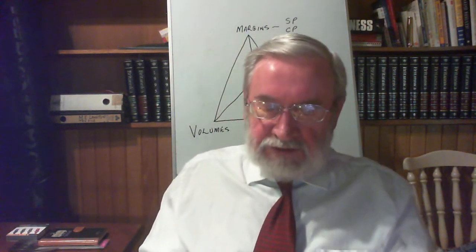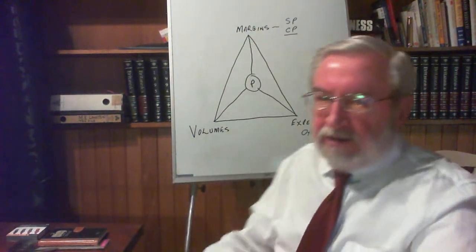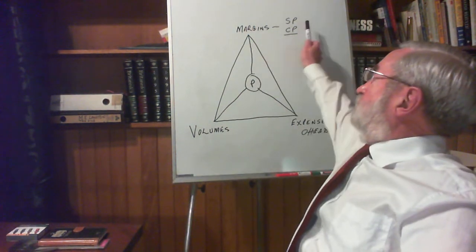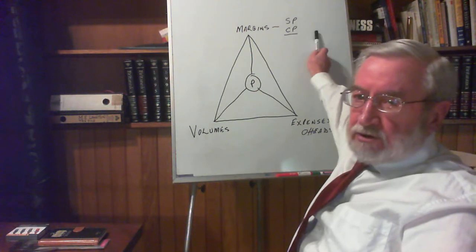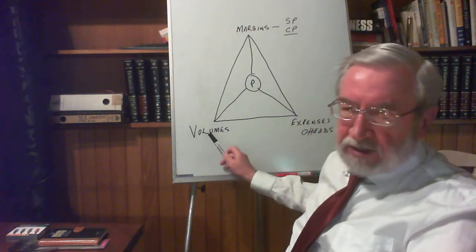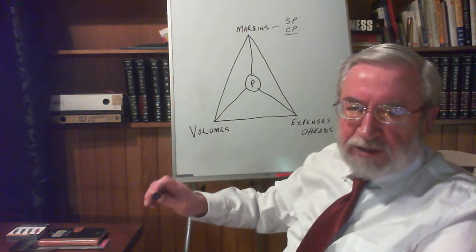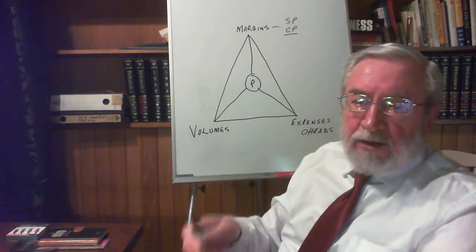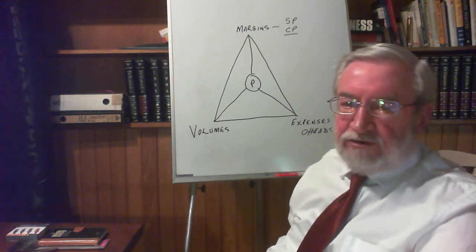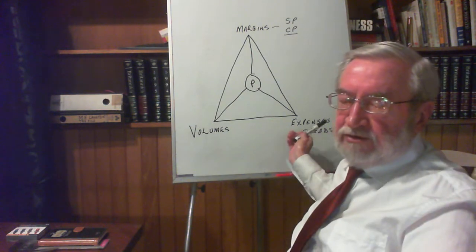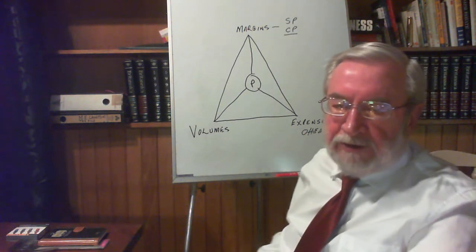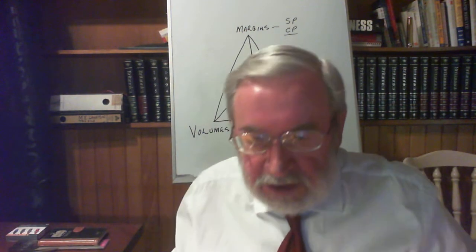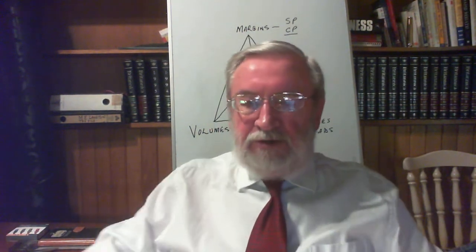So I introduce them to the profit triangle. There it is. Margins, that's the difference between your selling price and your cost price. Volumes, the physical measure of what's being sold. So that could be goods per unit, or it could be hours if you're providing a service. And then the expenses or the overheads.